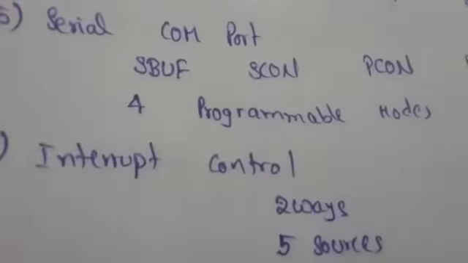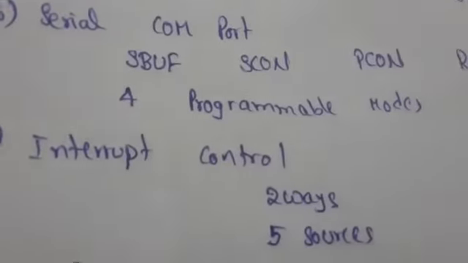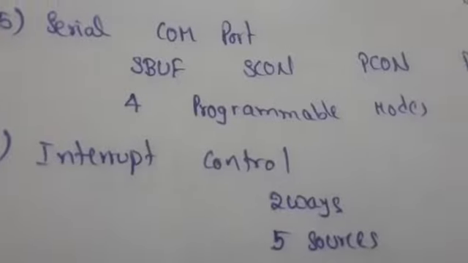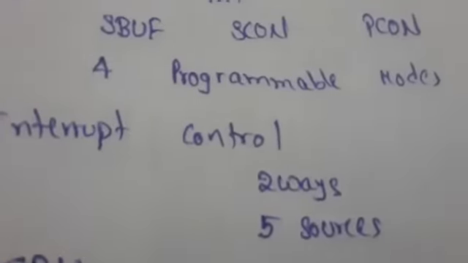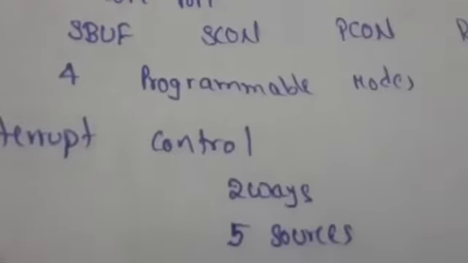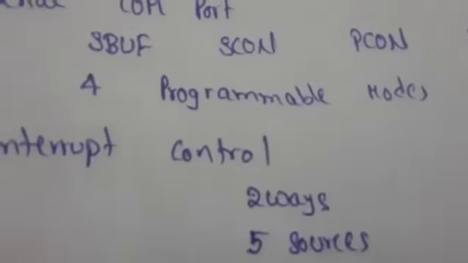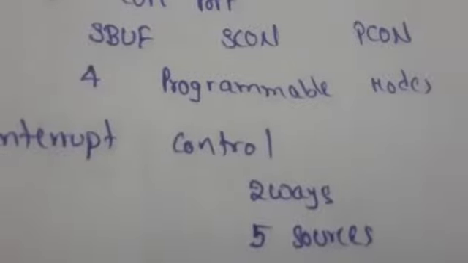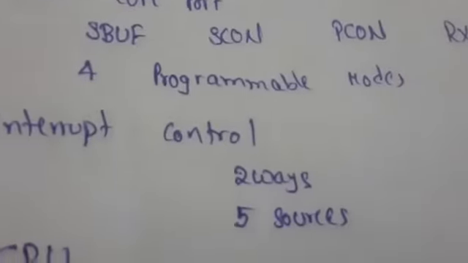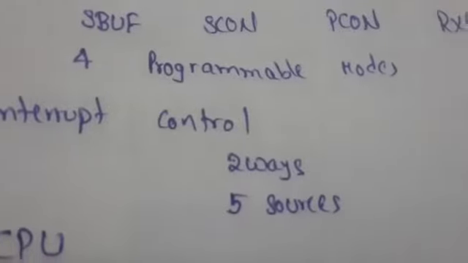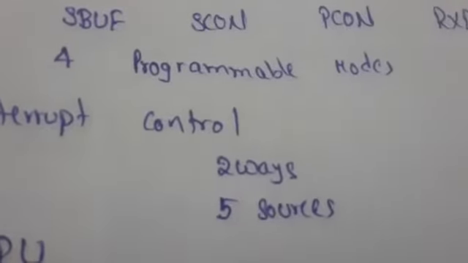And it has 5 sources of interrupts in the 8051. That are 2 external interrupt sources connected through interrupt 0 and interrupt 1, and another 3 sources that are the serial port interrupt, timer flag 0, timer flag 1.